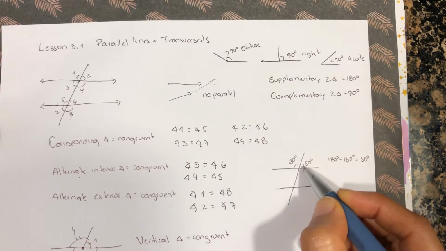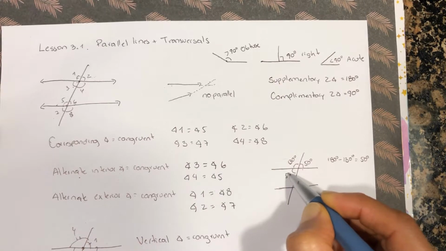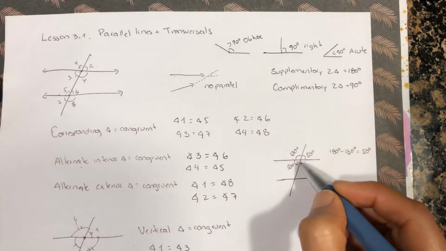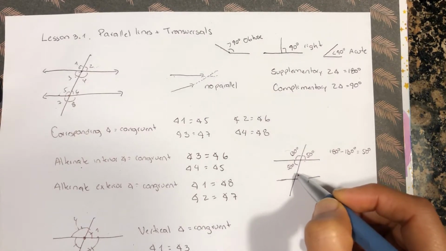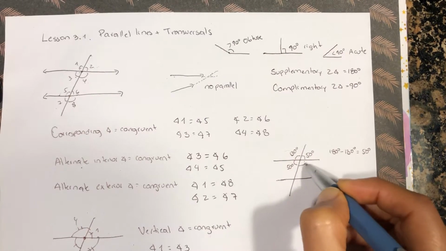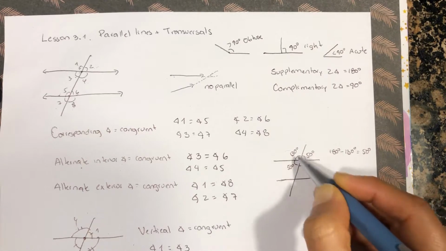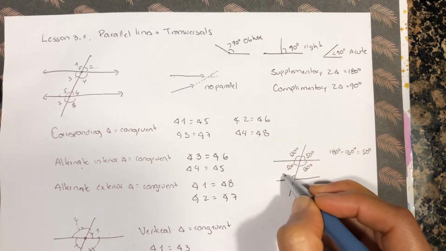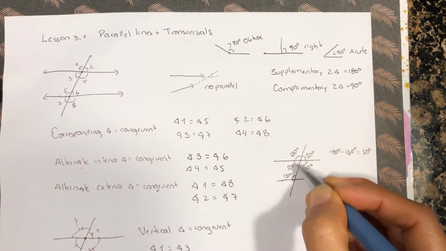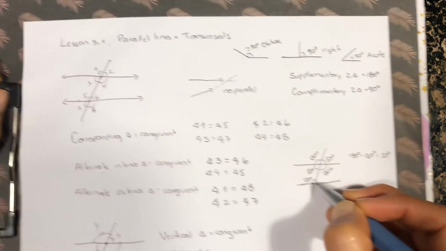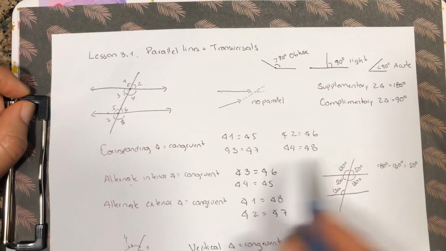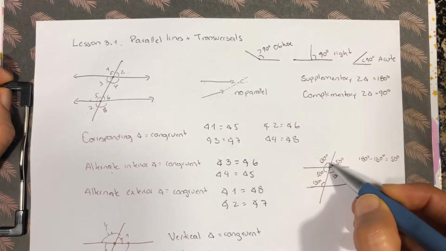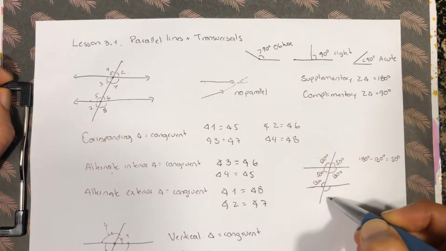I can say that this and this will be 50 because they are vertical angles. They share the same vertex and they are opposite. I can say that this is 130 because they are vertical opposite. I can say that this is 130 because these are corresponding angles. This is the same as this. Or I can say that this is the exterior alternate to here.